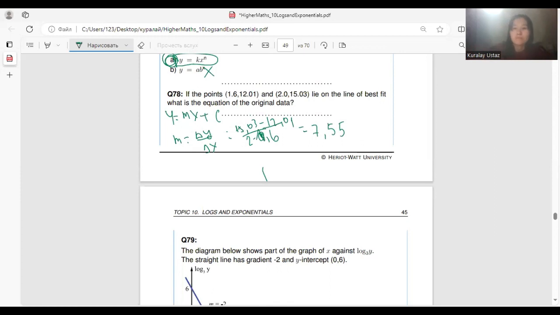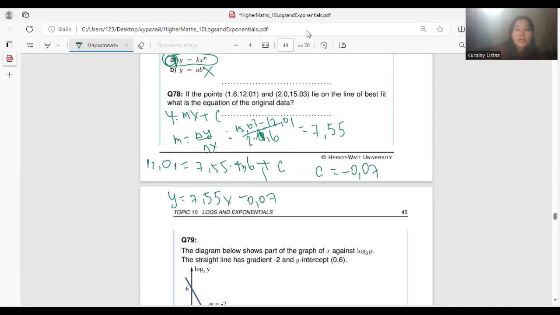To find c, I'll just randomly take one of these points, there's no difference. So y is this, m is this, x is this, plus c. Let's find the value of c. So we define it, and the equation looks like this.